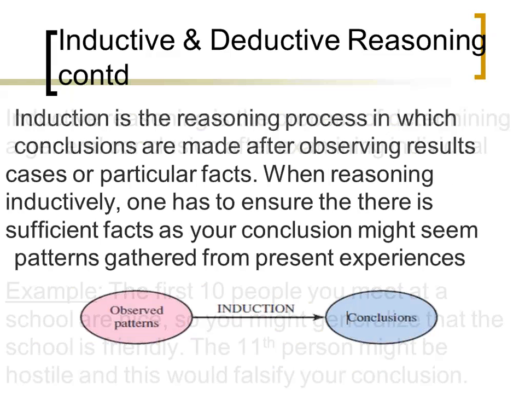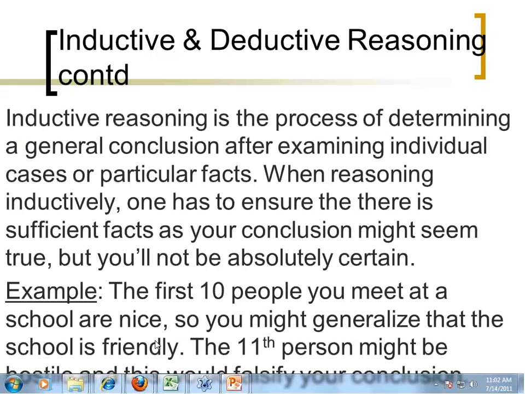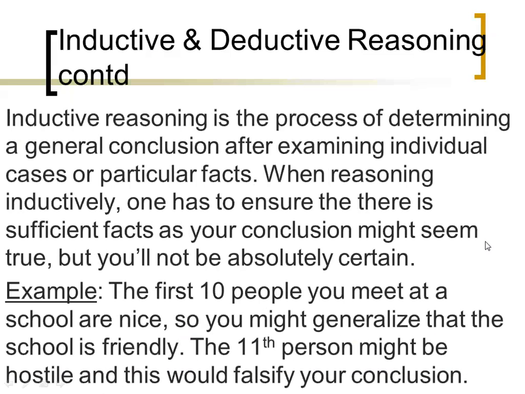Now, inductive reasoning is a process of determining a general conclusion after we have examined individual cases or some facts. And when we reason inductively, we have to ensure that there are sufficient facts, as your conclusion might seem true, but you'll not be able to be certain unless you have enough facts. For example, the first 10 people you meet at school are nice.